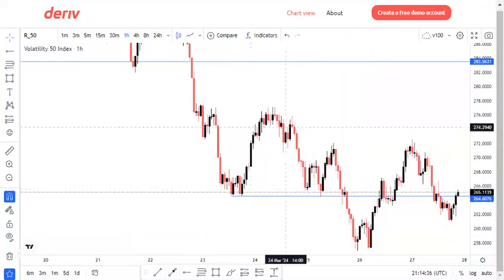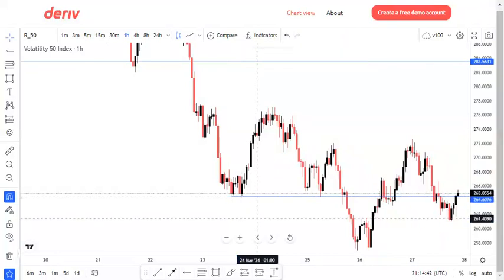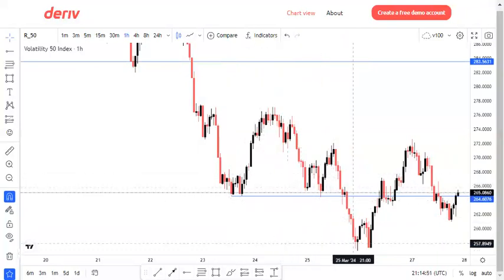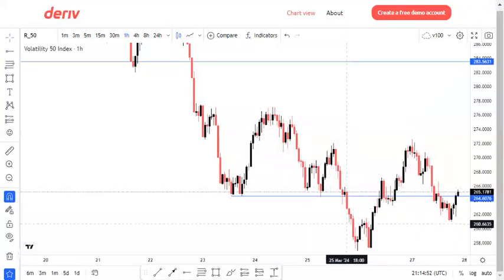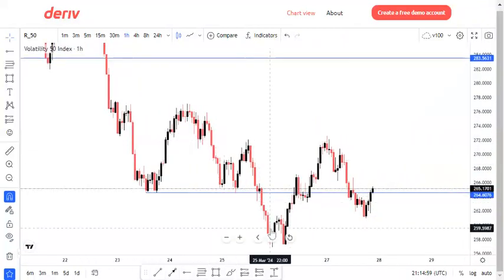You see, the market came and tapped this level here, first tap, second tap was at that level there. Then the market also tested the same level. So you can see after testing this level, it broke through. You understand me? After breaking through this level, most of the traders wanted to sell at this point.